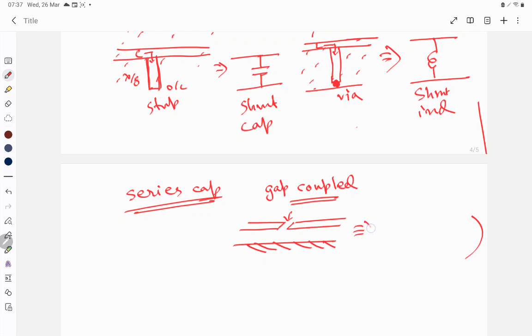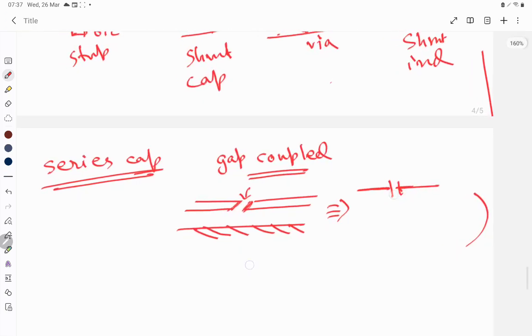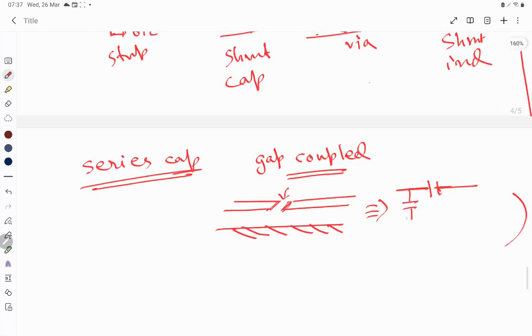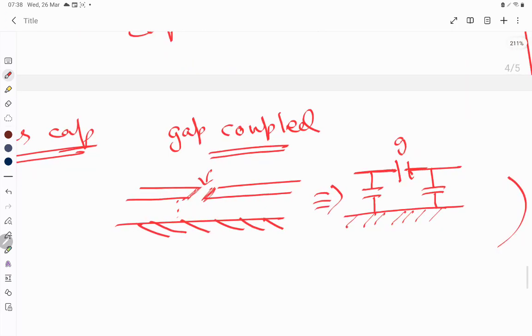If you look at the equivalent circuit of this one, it will look like this. There will be a capacitance between the microstrip edges, and also some capacitance from this to this, so we have a gap capacitance Cg here.